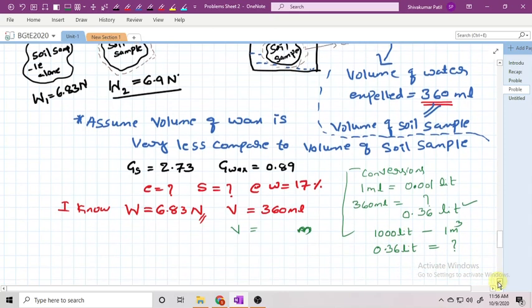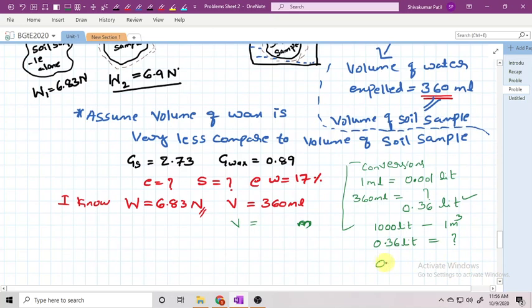I will get 0.36 into 10 to the power of minus 3 cubic meter. So I have converted the volume into cubic meter here.